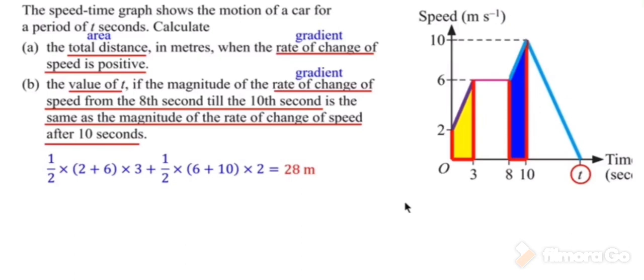So later you must make it positive because the question says magnitude. Magnitude means we want a positive value. So both we want a positive value. For the small one, the positive gradient from 8 to 10 seconds, this part is positive. So if you take the magnitude, it's still positive. This part is negative, but you must make it positive. Okay, understand?